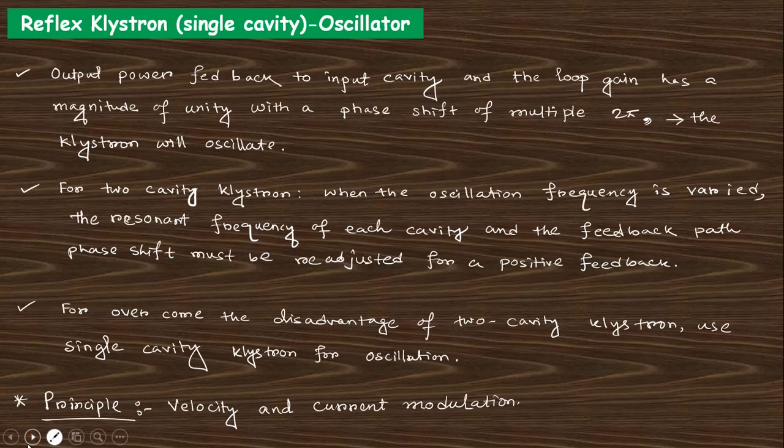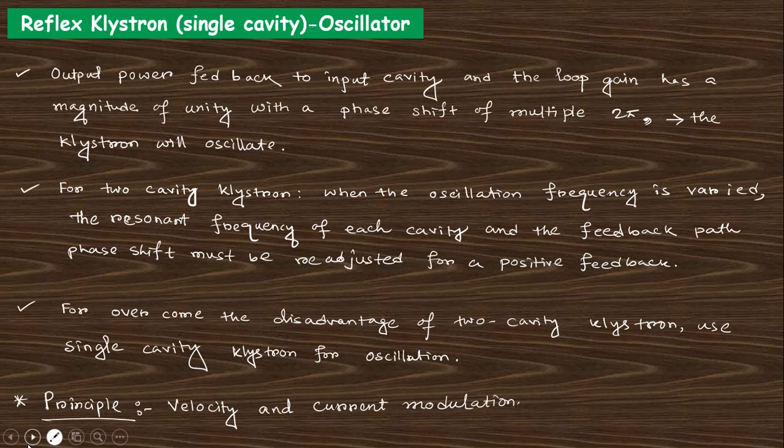Next one is the reflex klystron, which is a single cavity; here we do not require two cavities.